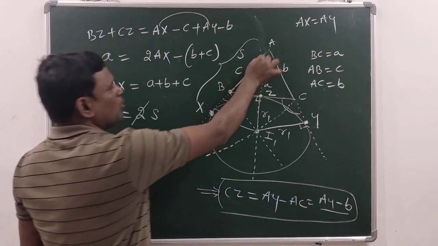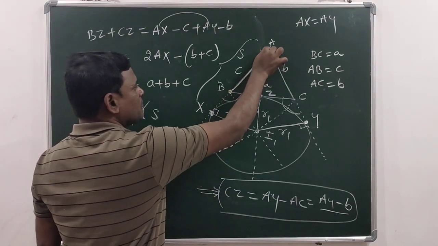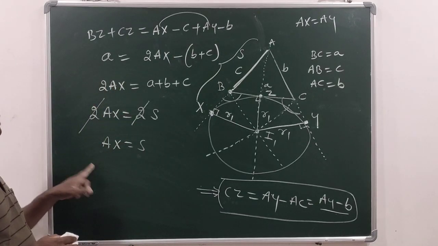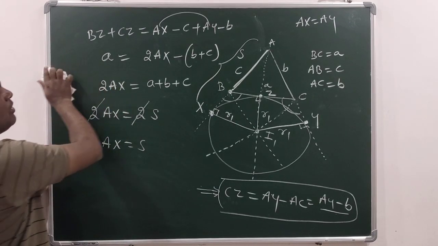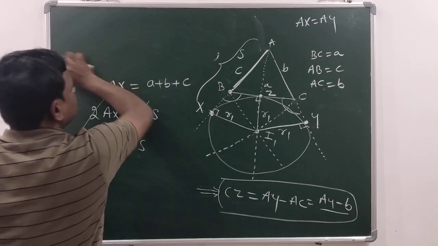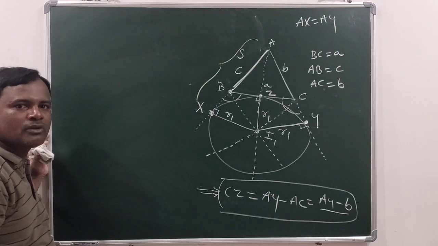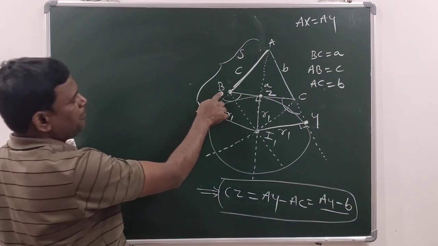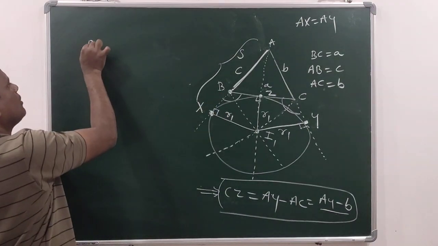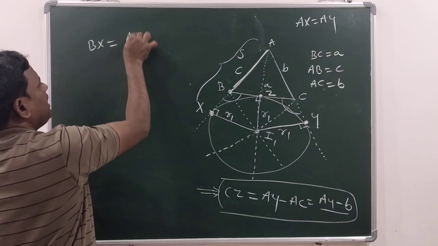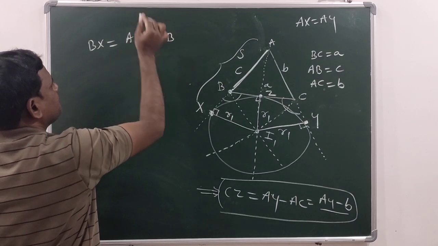Suppose if you want only AB, how do you say the AB length? Can I erase this? Right. See here. Suppose if you want this BX. Now BX can be written as AX minus AB.